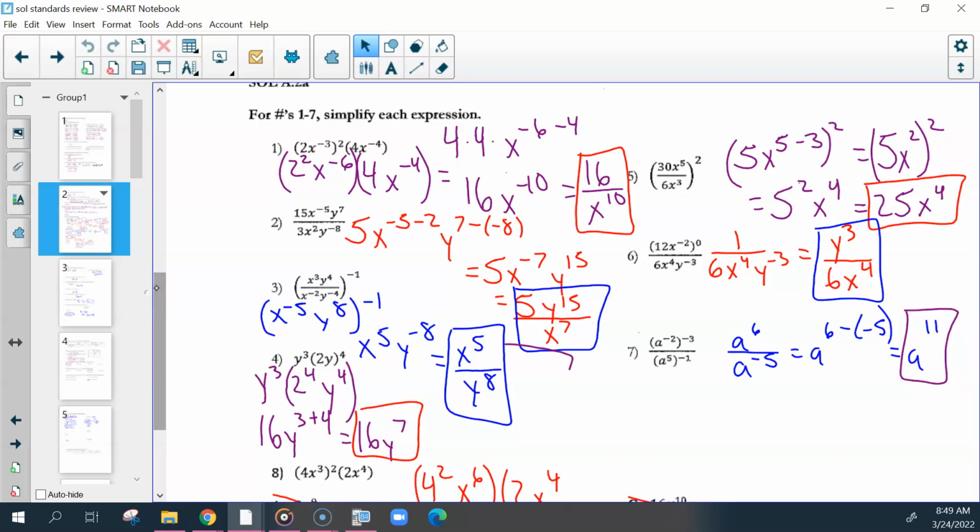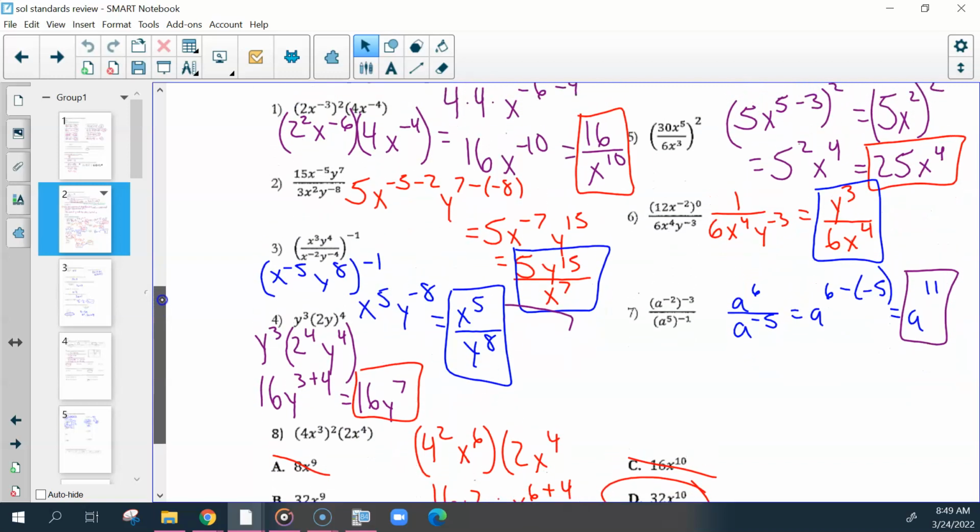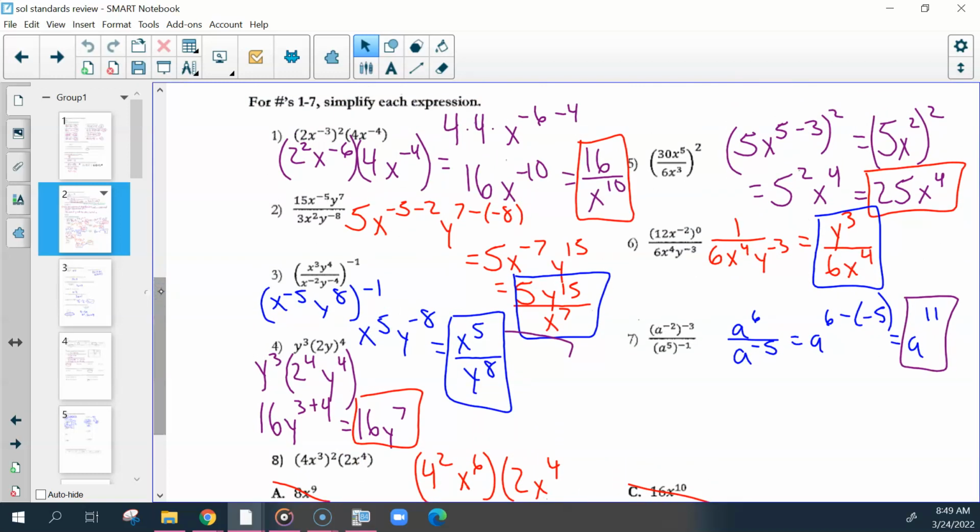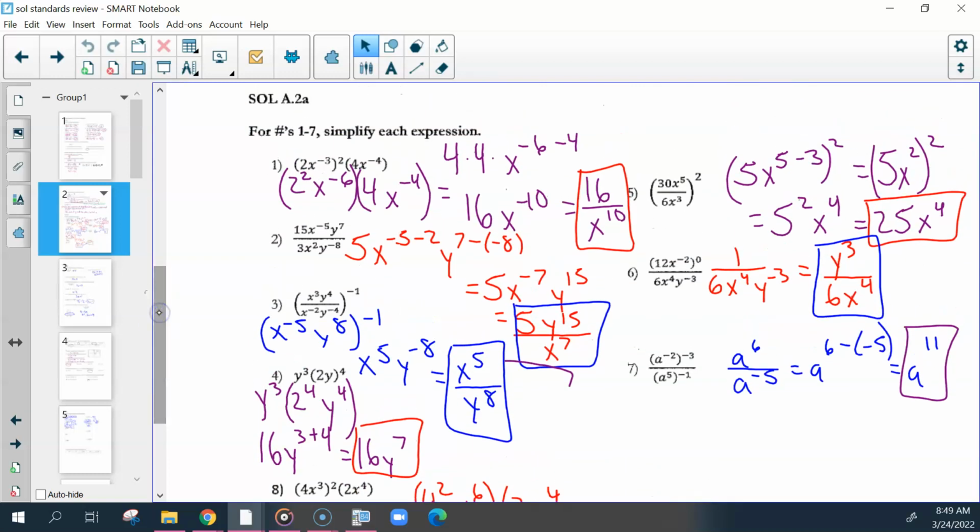Number 2, 5y to the 15th over x to the 7th. Number 3, x to the 5th, y over y to the 8th. Number 4, 16, y to the 7th. Number 5 was 25x to the 4th. Number 6, y to the 3rd over 6x to the 4th.